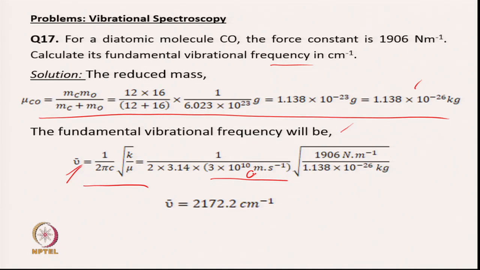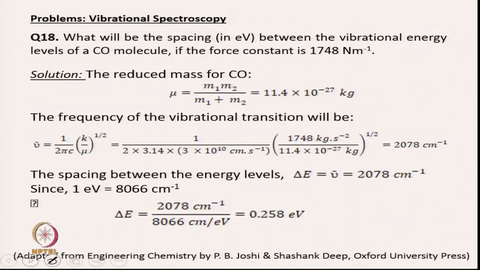And this is your k, the force constant, given as 1906 Newton per meter, and this is your reduced mass which we just calculated for CO molecule, and what we will get is wave number to be 2172.2 centimeter inverse.